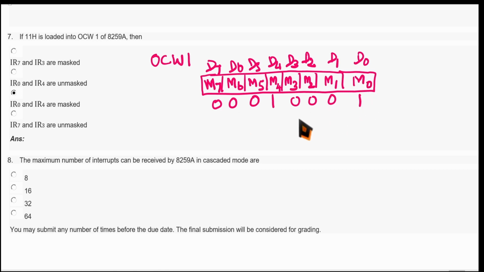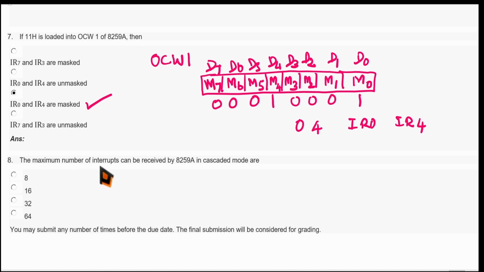That is 0th interrupt and 4th interrupt, that is IR0 and IR4 are masked. This is the correct answer. Let us see the next one.